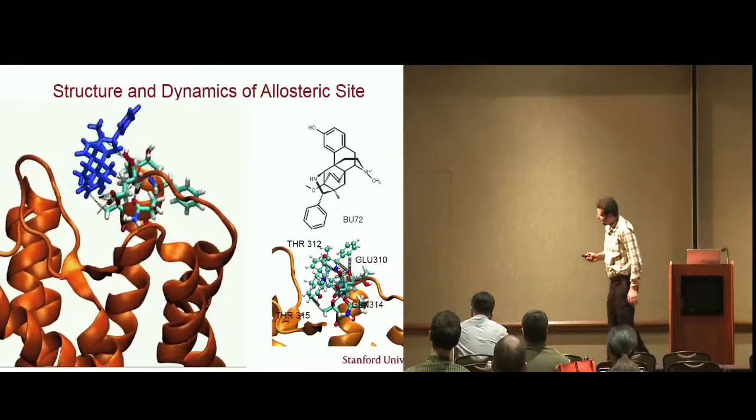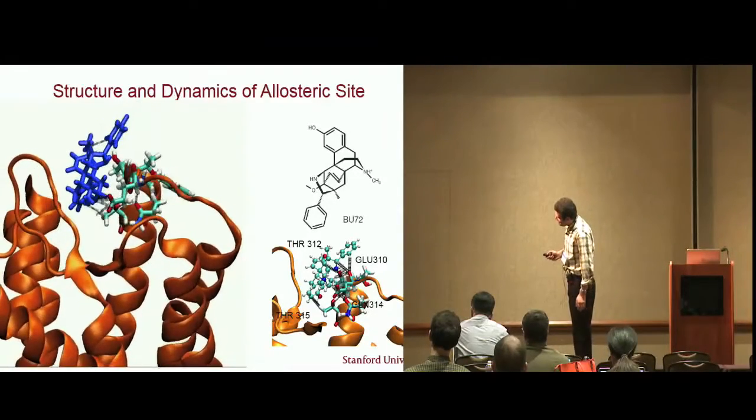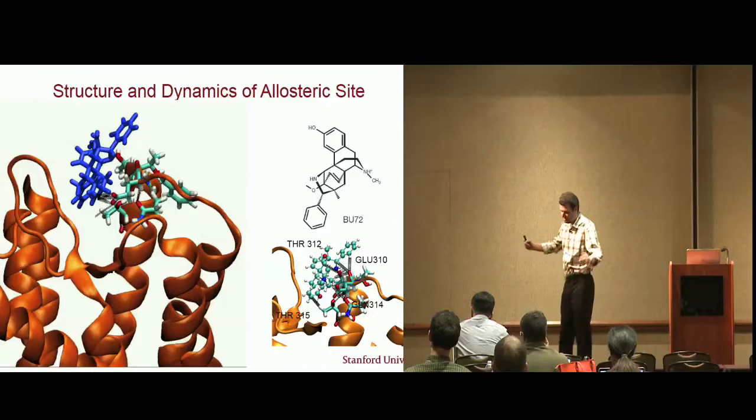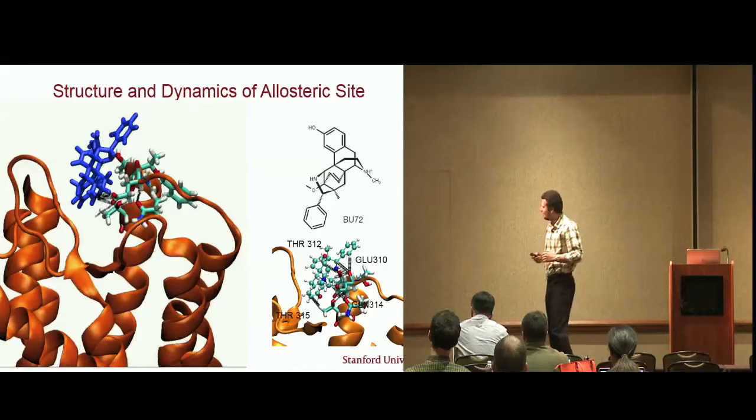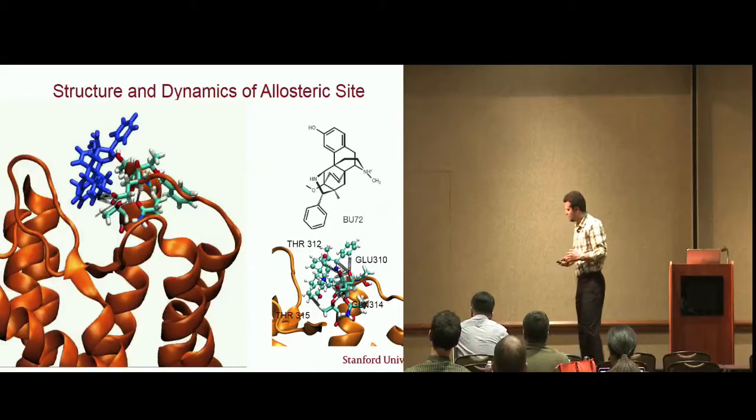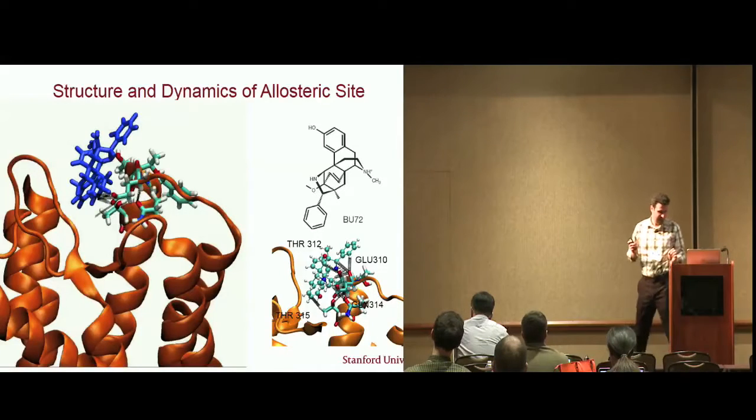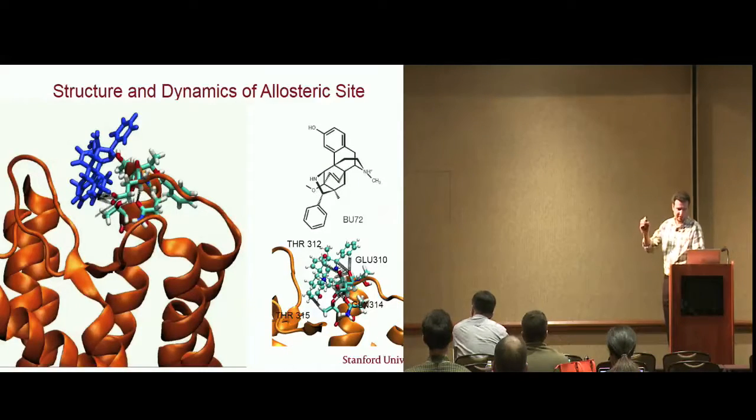So I have a movie here that you can see how this guy is embracing the ligand here, which is an opiate. So again, this is the type of interactions that it creates. It's like a lock on the top part of the receptor, which is responsible for selecting the type of ligand.